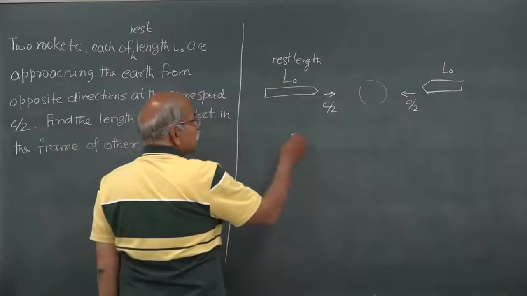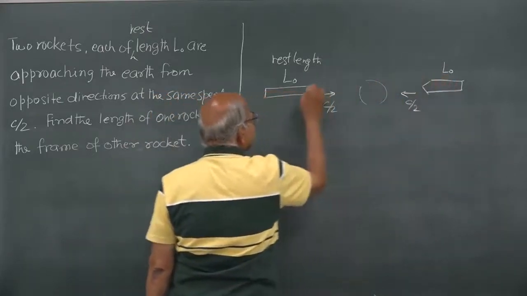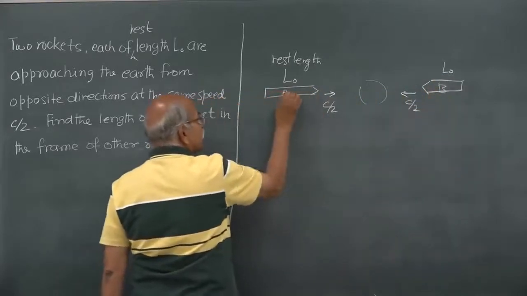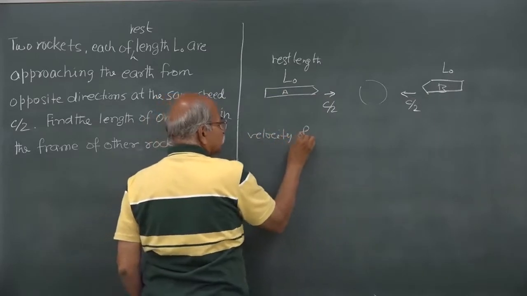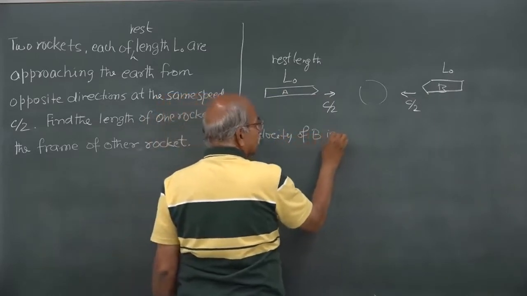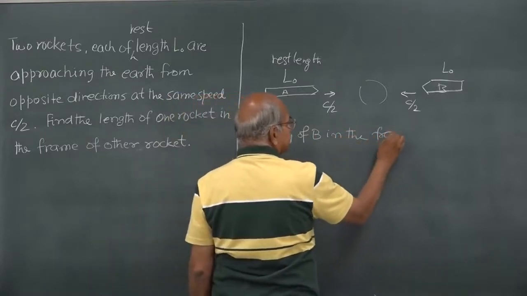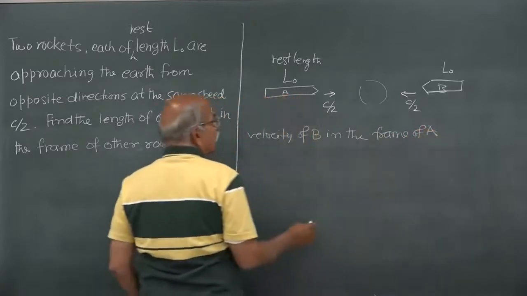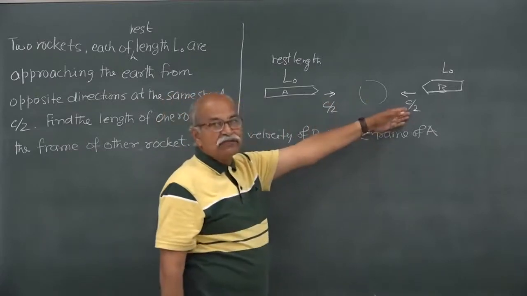Okay, so first we calculate the velocity or the speed of this rocket with respect to this one. So, if I call it B, if I call it A, then velocity of B in the frame of A or with respect to A. Okay. If it is Galilean transformation, it will be c by 2 plus c by 2 equal to c.